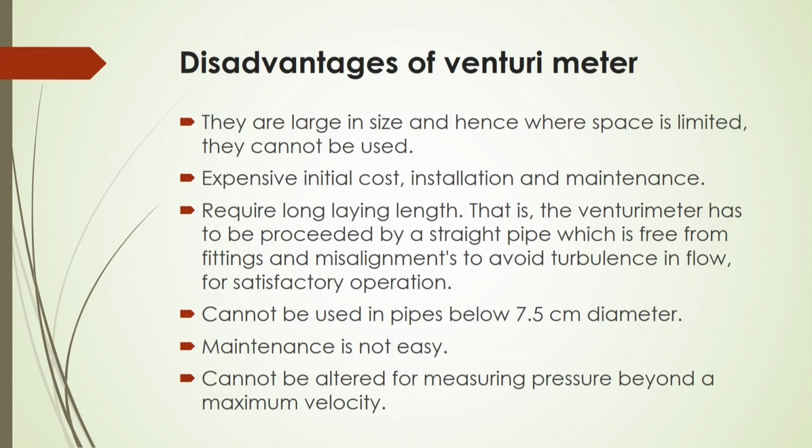Also, since there is a convergent section, a divergent section and a throat section, maintenance and cleaning of the Venturi meter is sometimes not easy, and you also cannot use it for measuring beyond a maximum velocity.